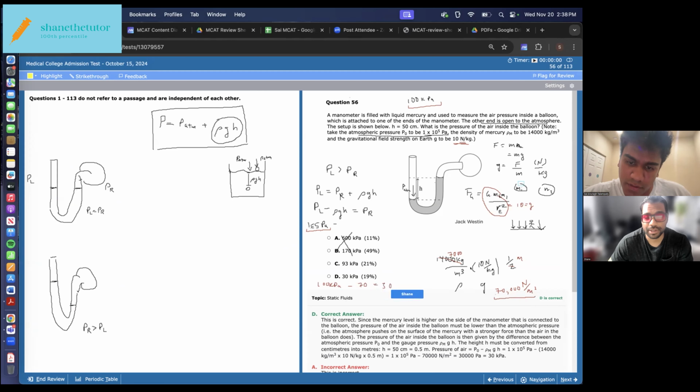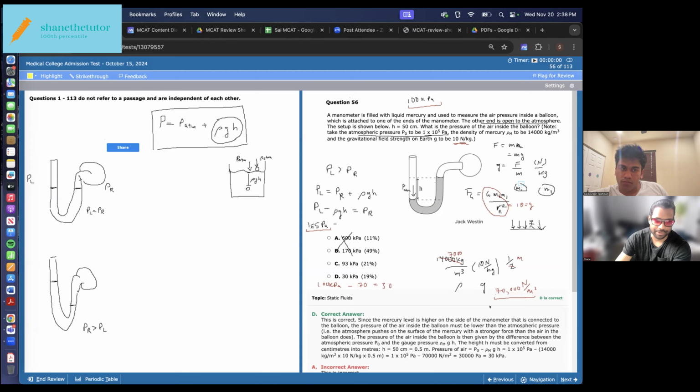So there it is. Basically, first we were able to eliminate A and B, and then we thought about it conceptually with the drawings on the left.